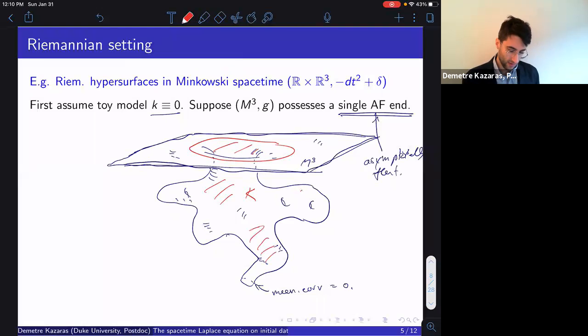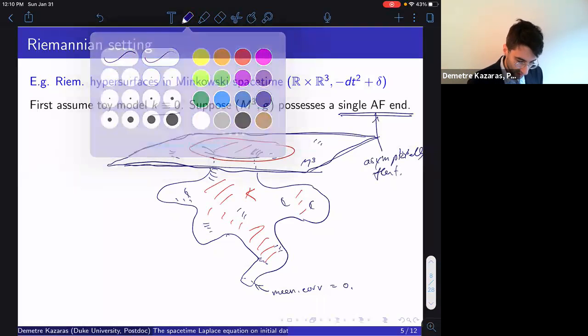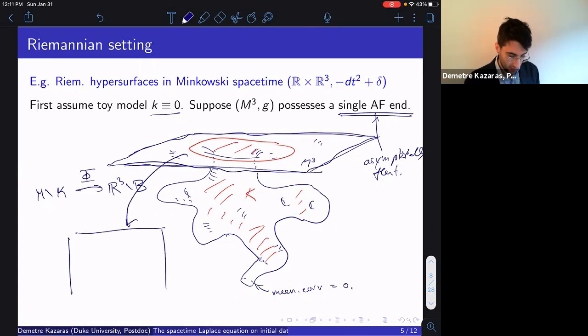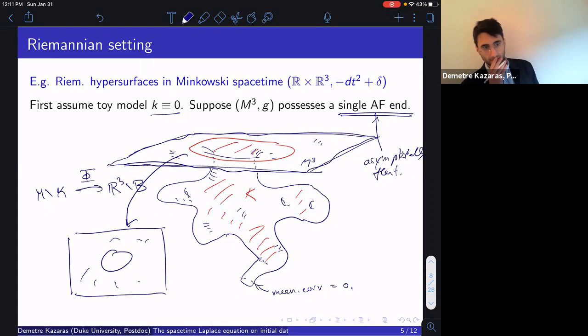So that when I remove K from M, so M minus the set K, there is a diffeomorphism phi to R3 minus a ball. And this would be a kind of coordinate chart of the asymptotic end of the manifold.